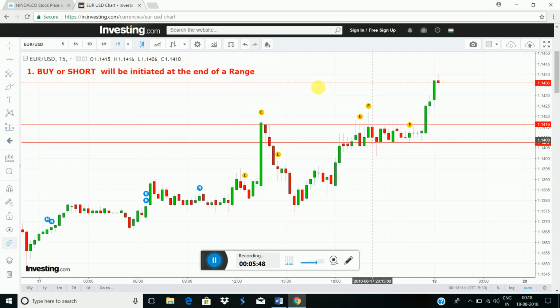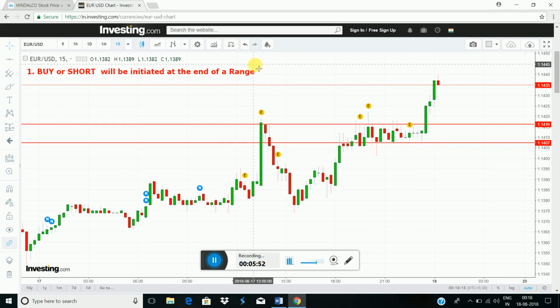Okay. And what do I mean at the end of a range? And how we are gonna understand, or how we're gonna see whether the range is ending or not. Okay, so in order to understand whether there is an end of a range or the range is about to end, you have to see whether the range is getting exhausted or not, whether you see candles of indecision or not.